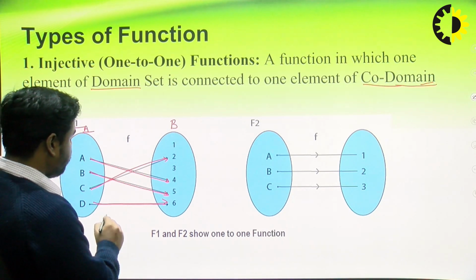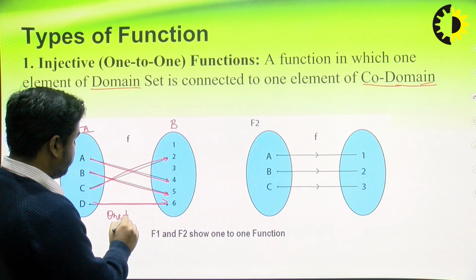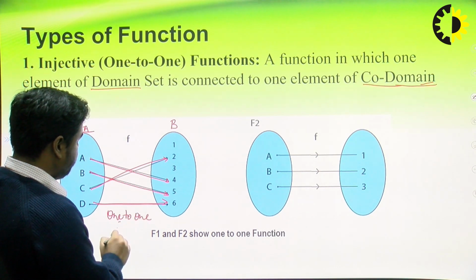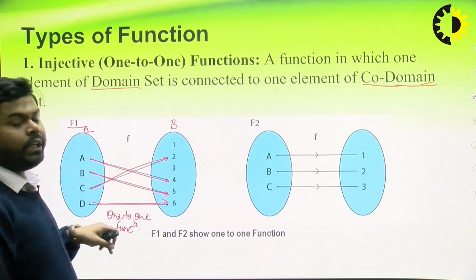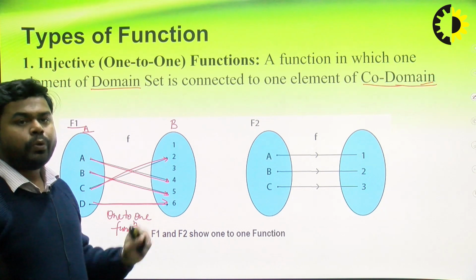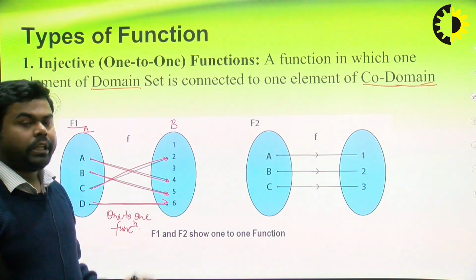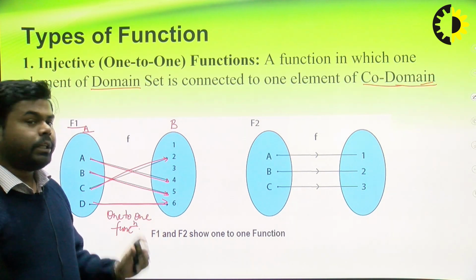So it is a one-to-one function. How? Because these 4 elements are connected with 4 elements of the codomain.